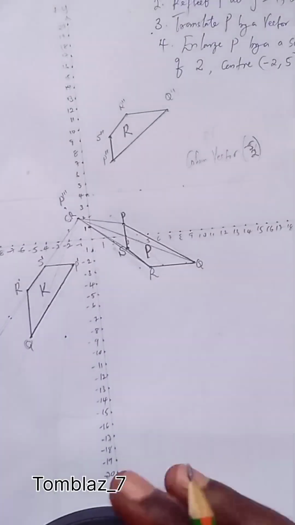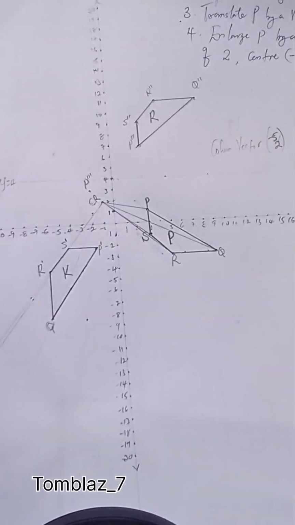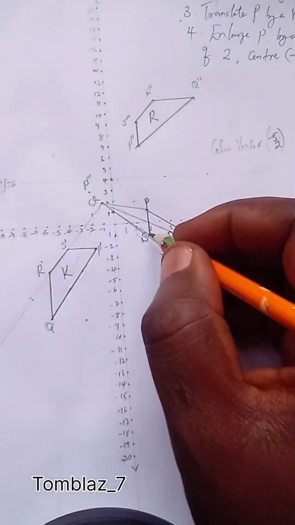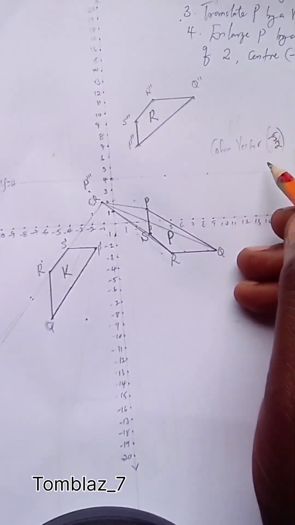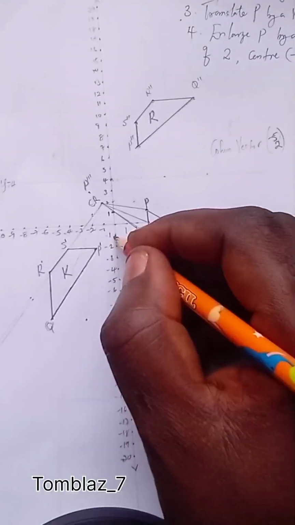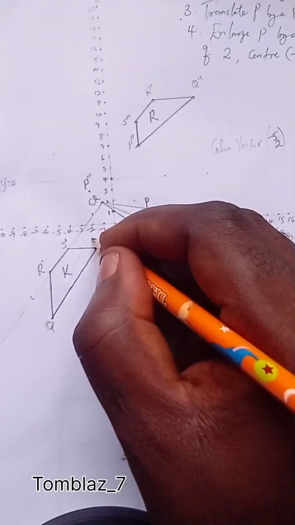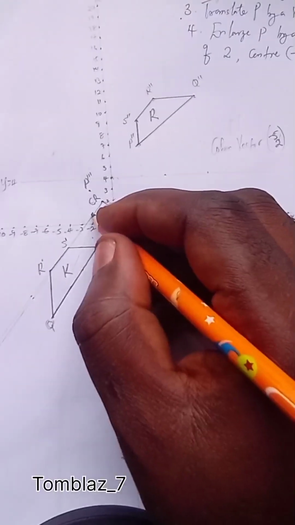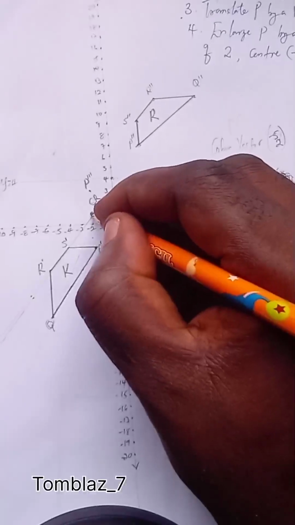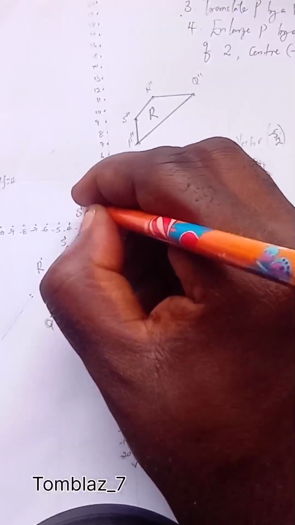Then let's do the same for s. So s minus 5 and 2. So we have 1, 2, 3, 4, 5. Then 2 upward. 1, 2. So the new s will be found here. S prime prime prime.